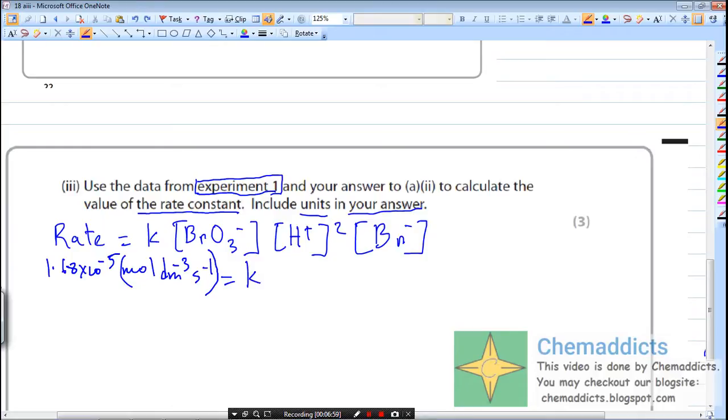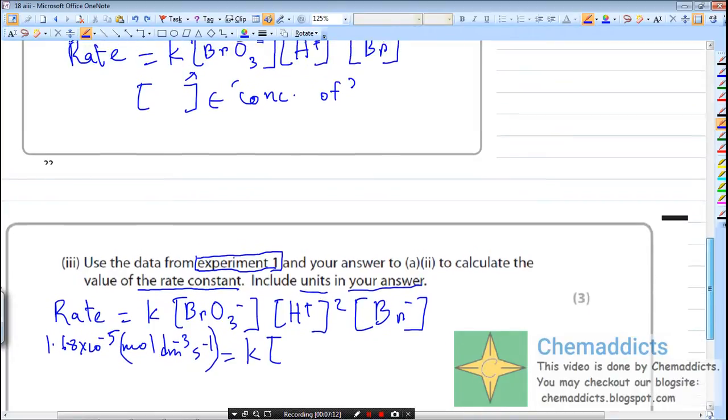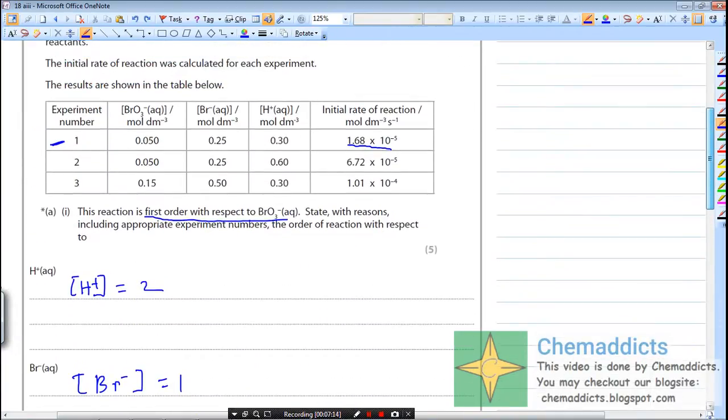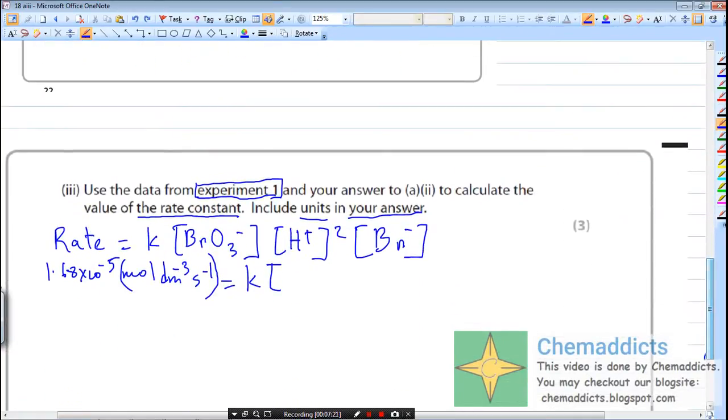Here we now involve the concentrations. The concentration of bromate is 0.05 mole per dm cube.